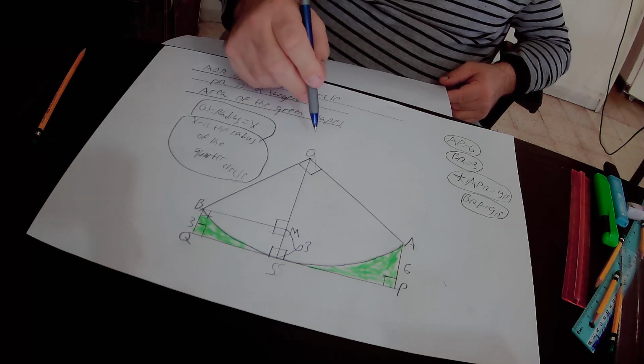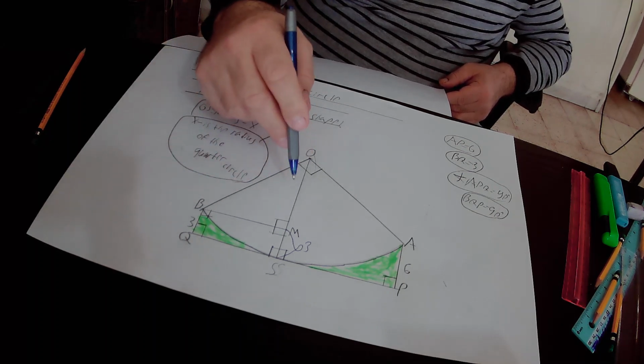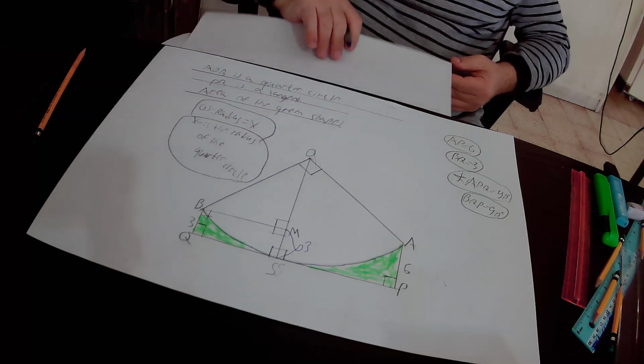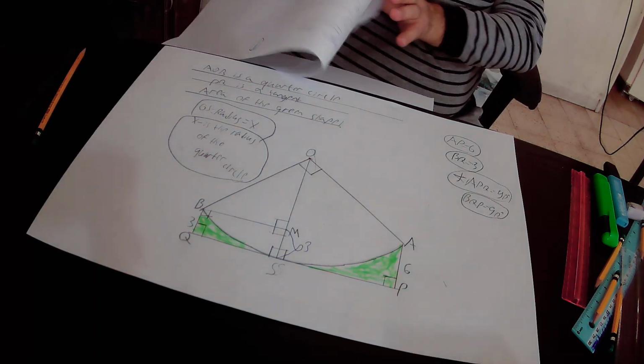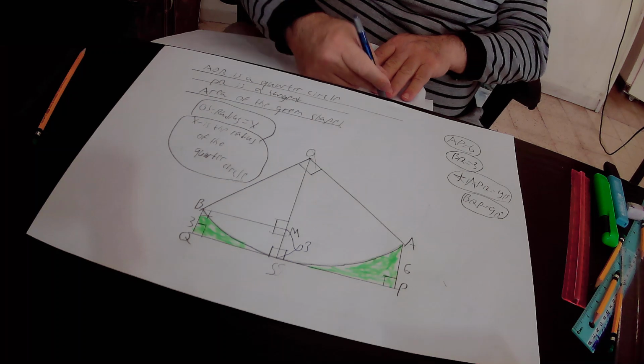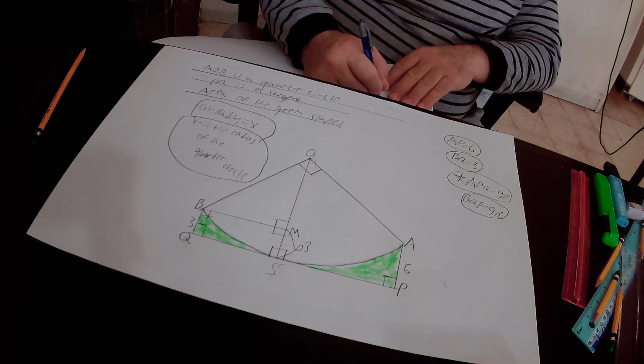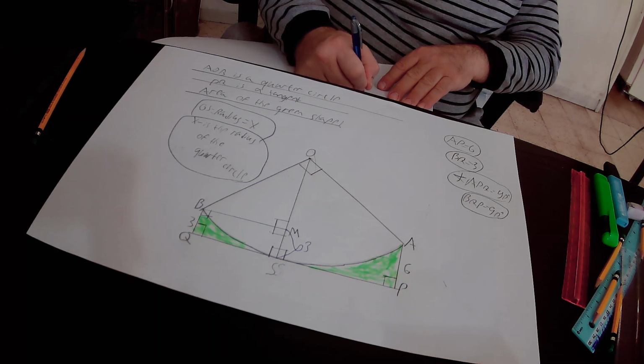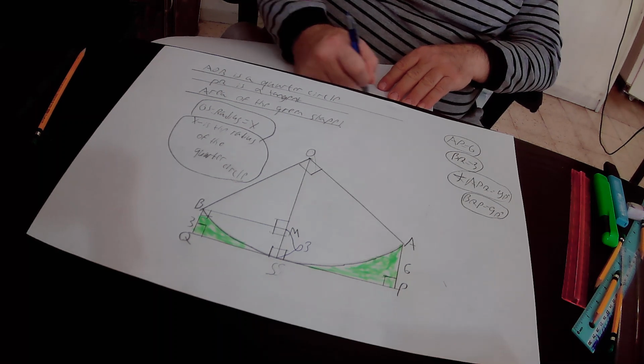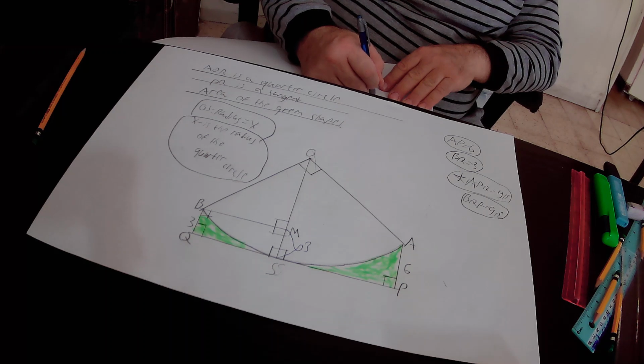And therefore, this quadrilateral OBQS is a trapezoid.